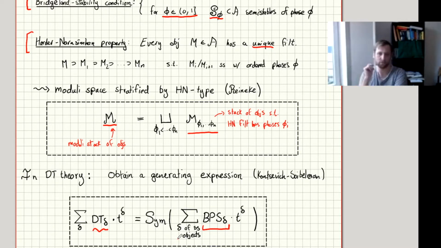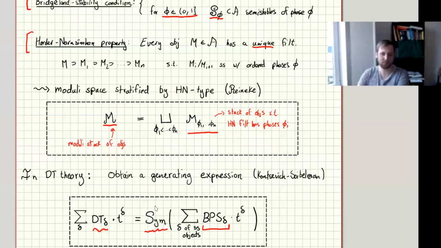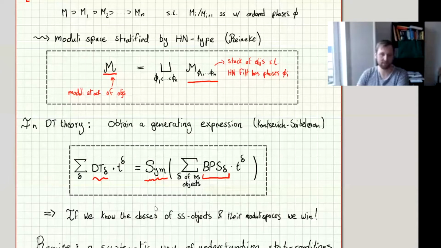So the total counts of sheaves are controlled by a smaller amount of data, which is captured by these semistable objects. And there's some sort of exponential, which is a bit of a headache to deal with, but this is the standard technicality.